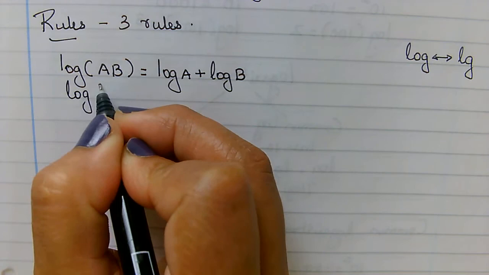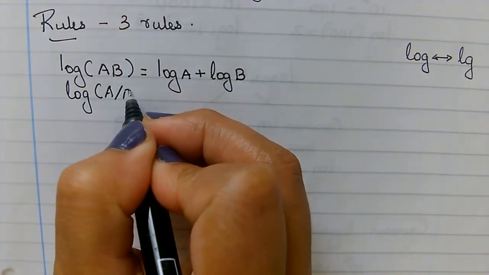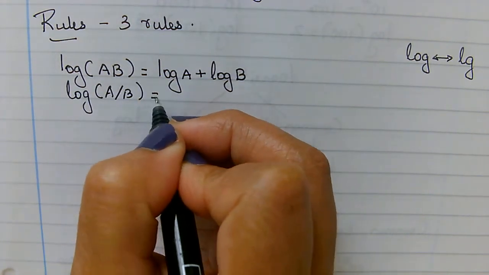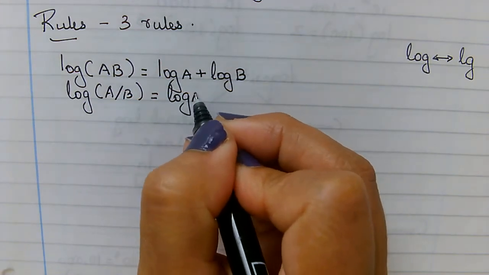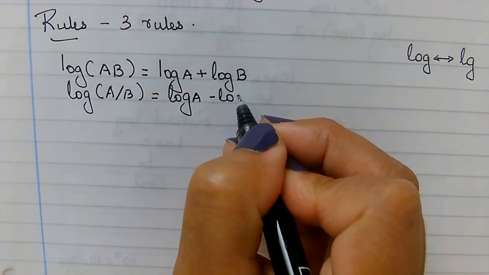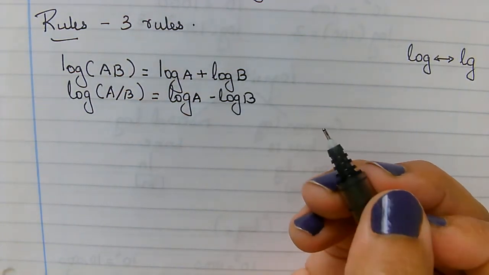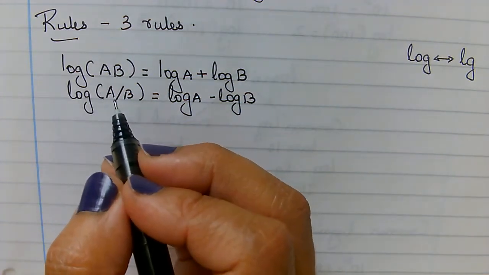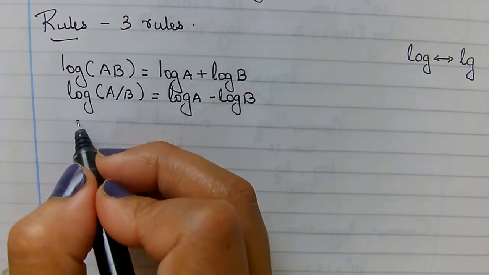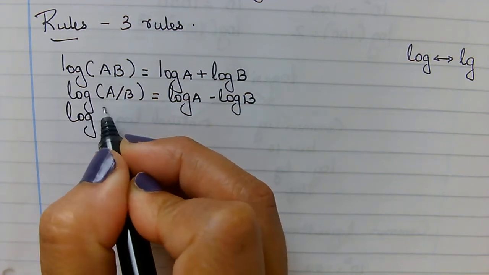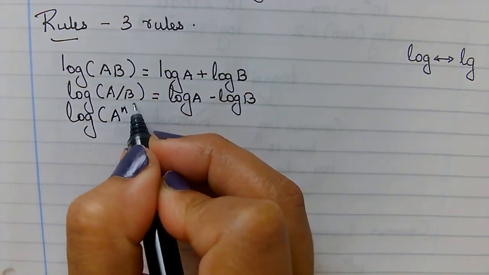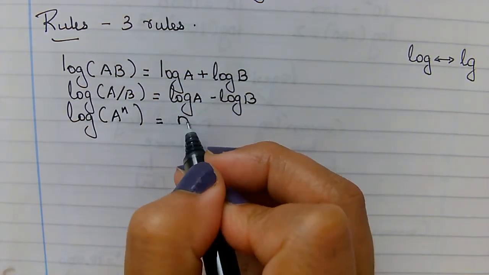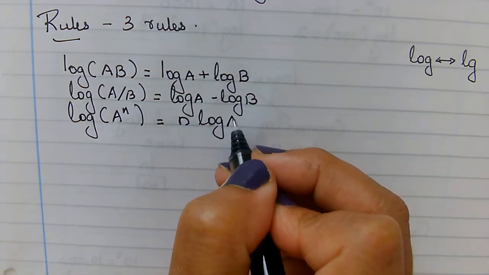Then the second rule, log of a divided by b is equal to log a minus log b. And the last one that you need is log of a raised to n is n log a.